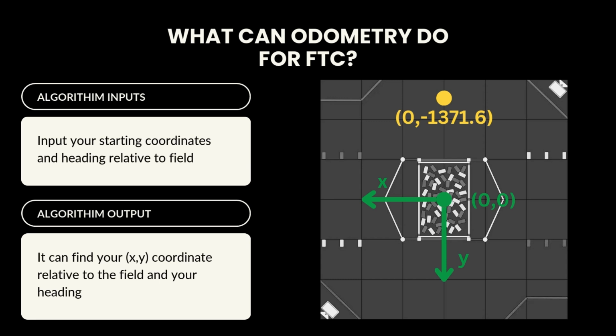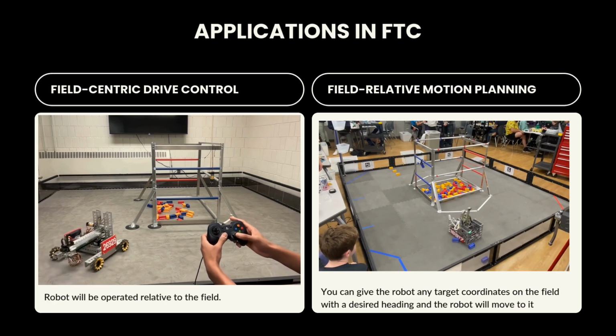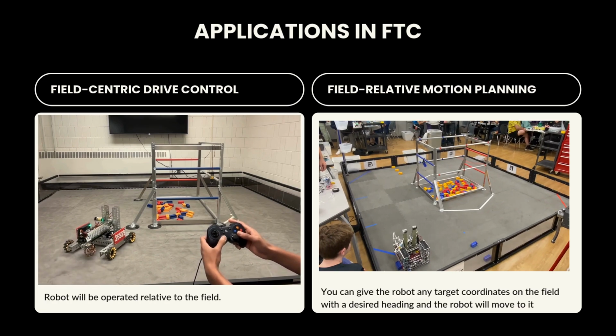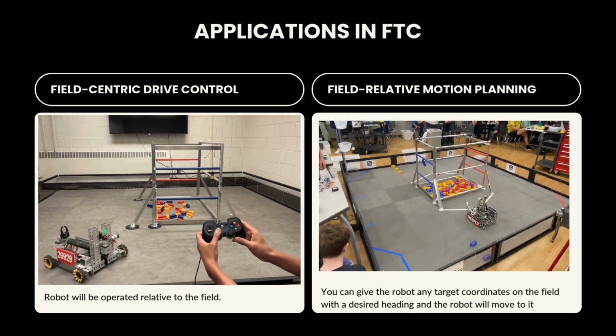Now you see here that the odometry algorithm takes away a lot of the math, and that's thanks to our Pinpoint odometry computer. But it's important to actually leverage these X and Y coordinates and heading in order to make our software much more advanced. So looking at the applications in FTC, one of the biggest ones is field-centric drive control.